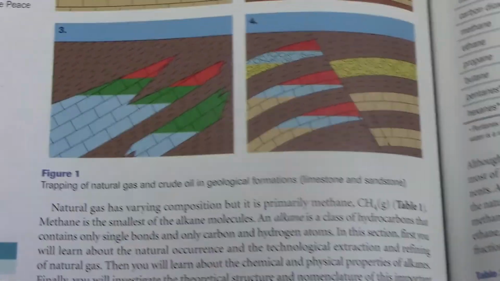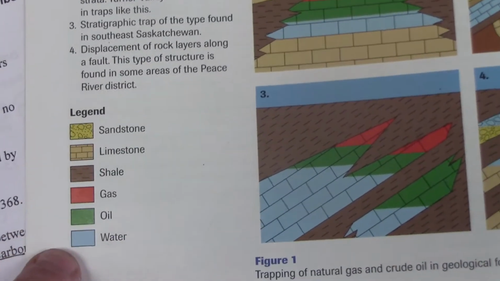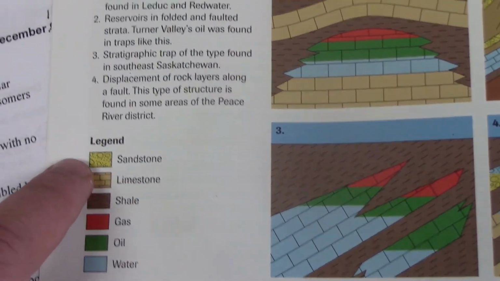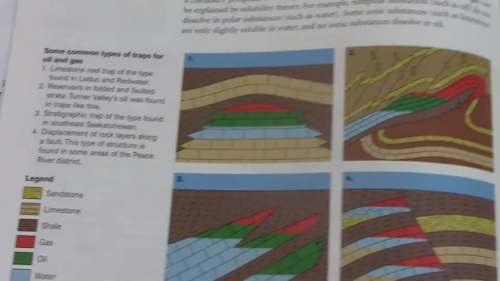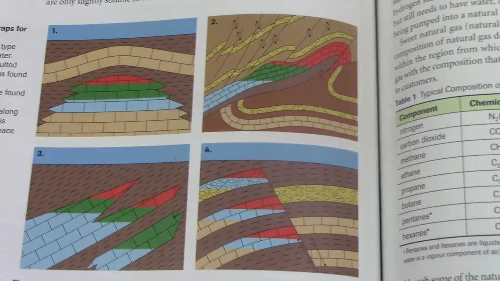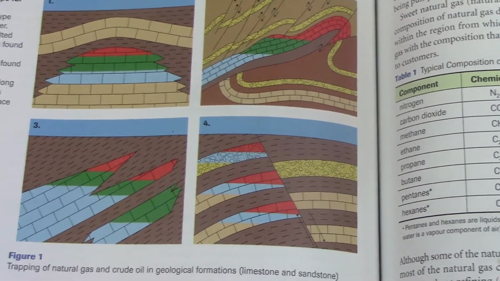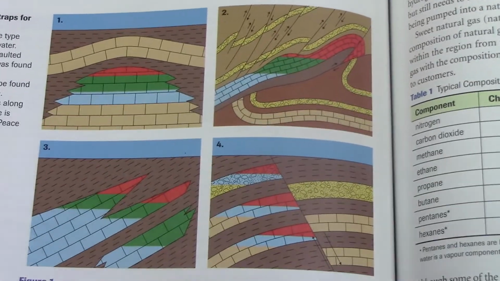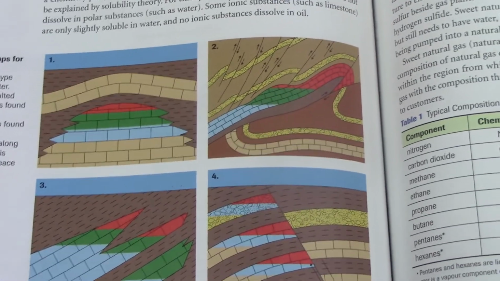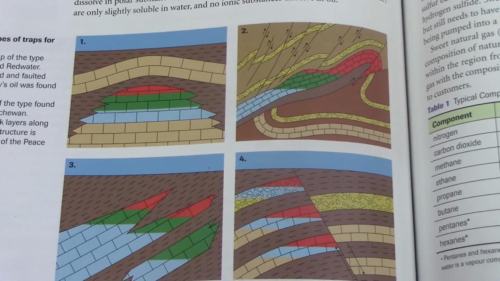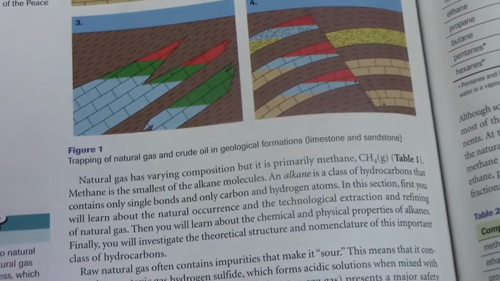Now you have the different types of resources that are available here: gas, oil, water, and then your different types of rocks as well: sandstone, limestone, etc. So you need alternating porous and non-porous bedrock, you need interaction of tectonic plates, and you need time to create these. So make sure you take a look at that on page 362.